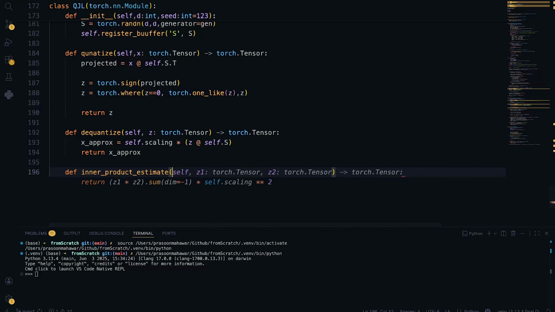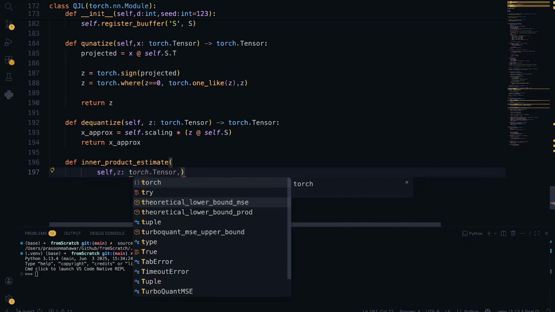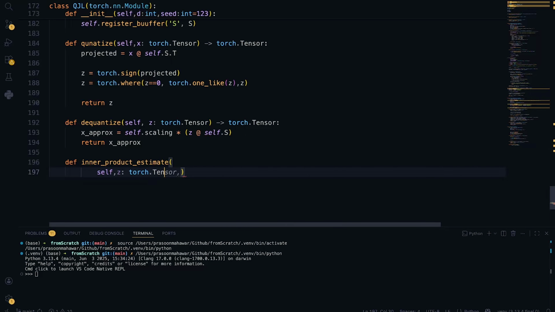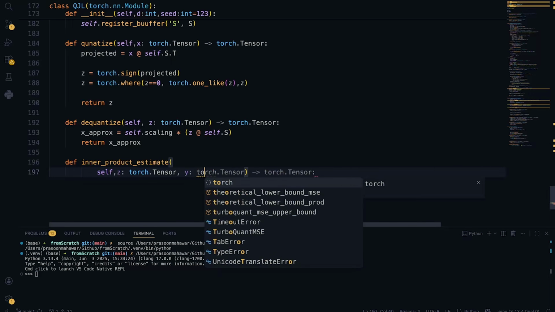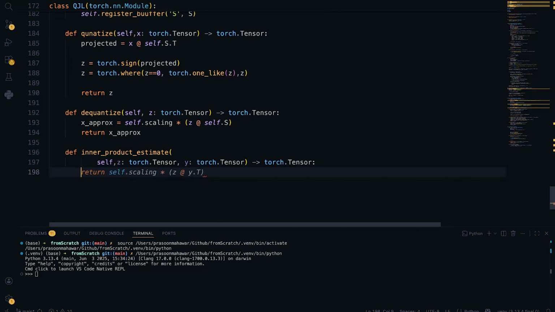This will again have self, z and y, the quantized x and the query vector, where z is a torch tensor and y is a torch tensor, and this will output a torch tensor.